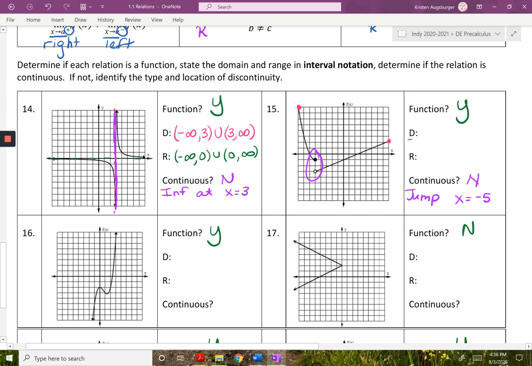To start talking about your domain and saying, okay, my domain goes from negative 8 to negative 5, and I put the union.